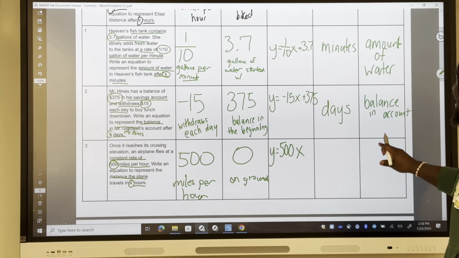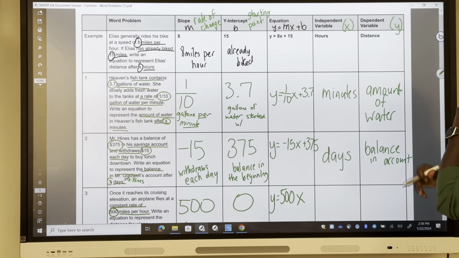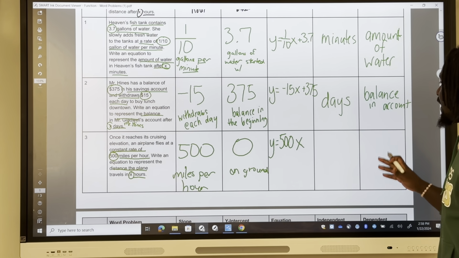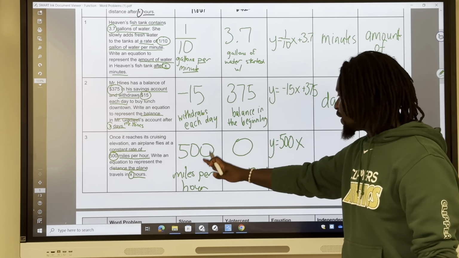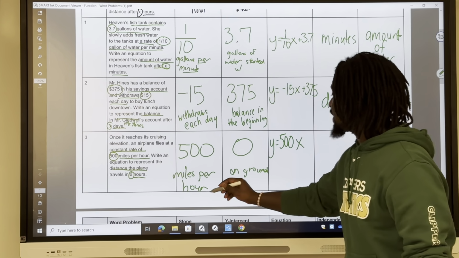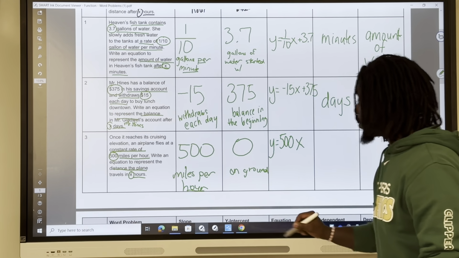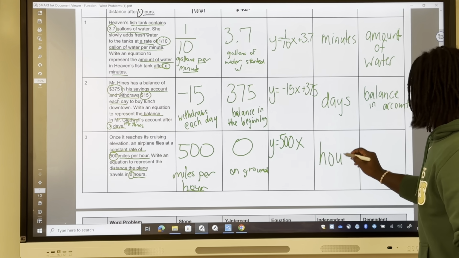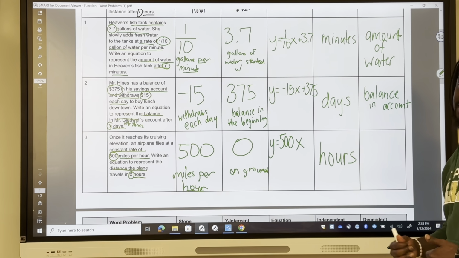Okay. And now to figure out, okay, what is my independent variable? My independent variable is the variable that goes with the slope. And again, in this case, it is miles per hour. Okay. So the hours is the independent variable.